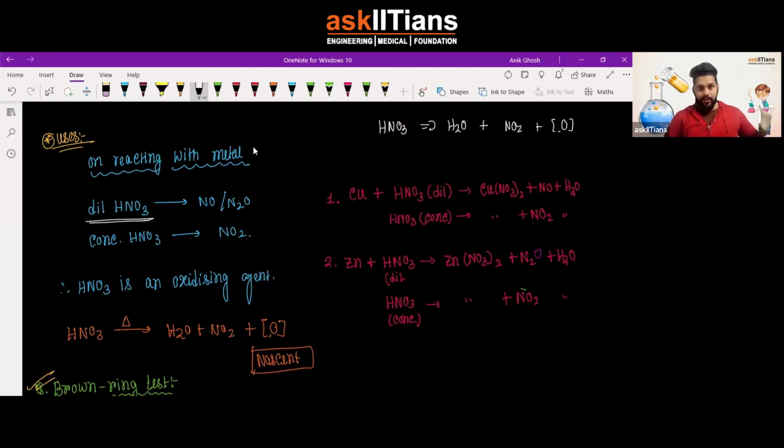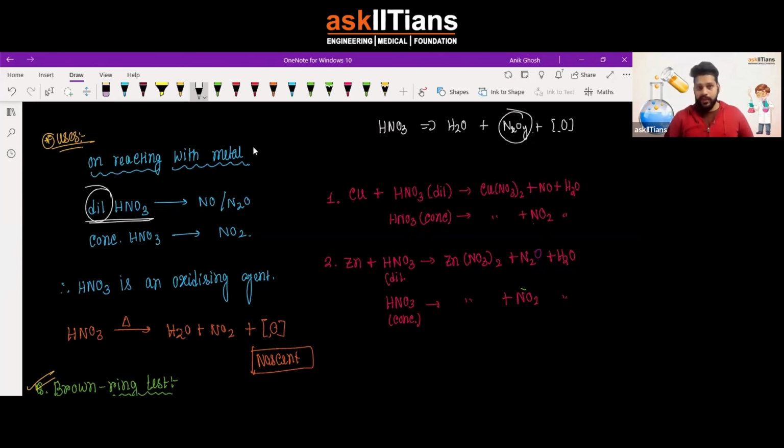When you have, let's call it, NxOy, see, nitrogen has many kinds of oxides: NO2, N2O, NO, N2O3, N2O5, many of them. One of these oxides can get formed over here. Now, which oxide gets formed depends on what kind of nitric acid you have.